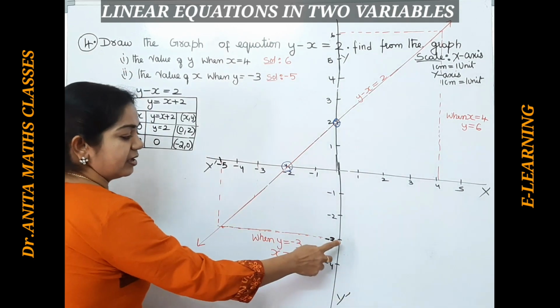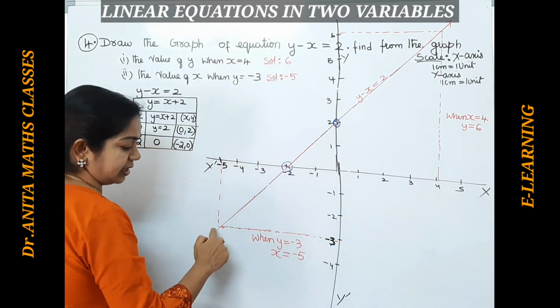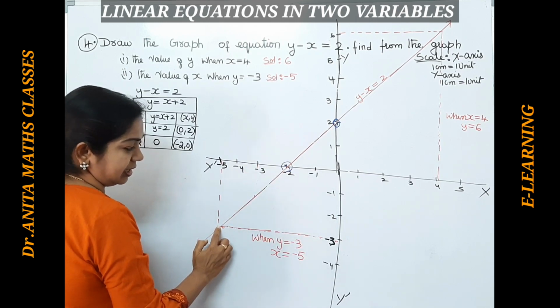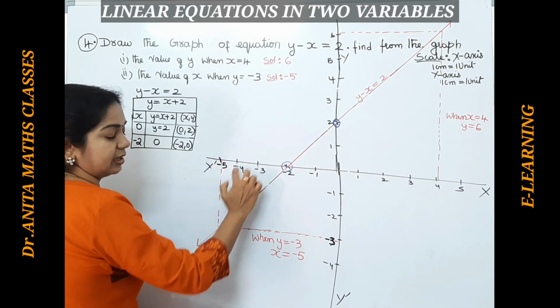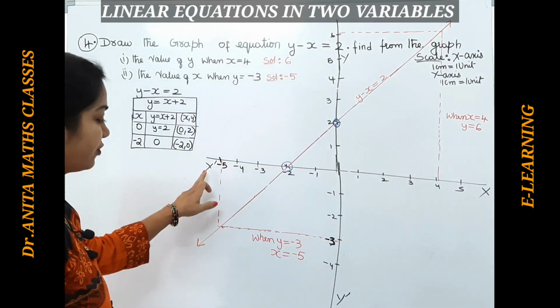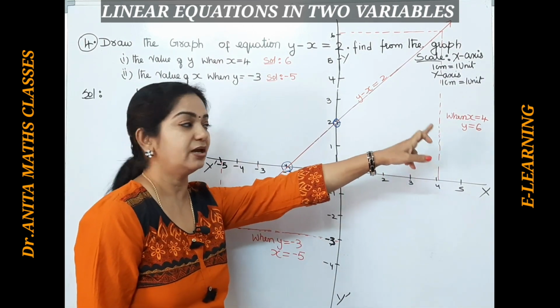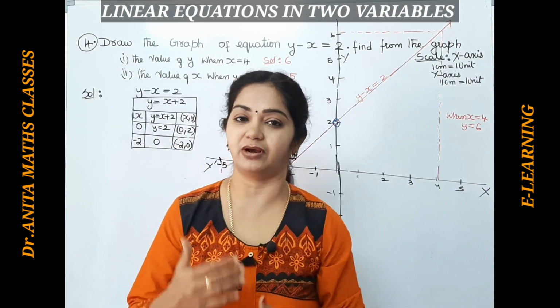Similarly, when on the y-axis it is minus 3, draw a dotted line straight, parallel to the x-axis, that will touch the line at some point. From there, if you draw a line, you will get the x value. So from the graph we have found the x value here, and from the graph we have found the y value here. Okay, with these graphs today, I hope you have understood well.